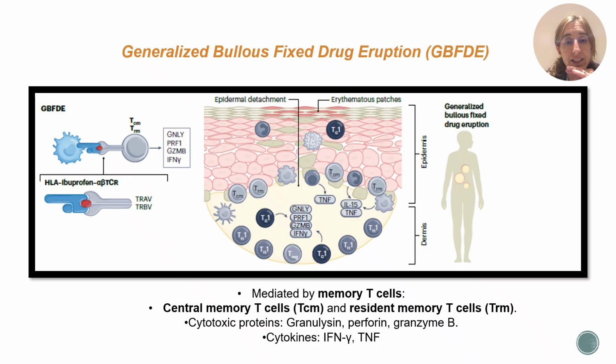In generalized bullous fixed drug eruption, it is usually mediated by memory T cells and central memory T cells, and the resident memory T cells are the ones recognizing and participating in the antigen presentation, and they secrete cytotoxic proteins, granulysin, perforin, granzyme B, but also cytokines, interferon gamma and TNF alpha, which are causing the damage.